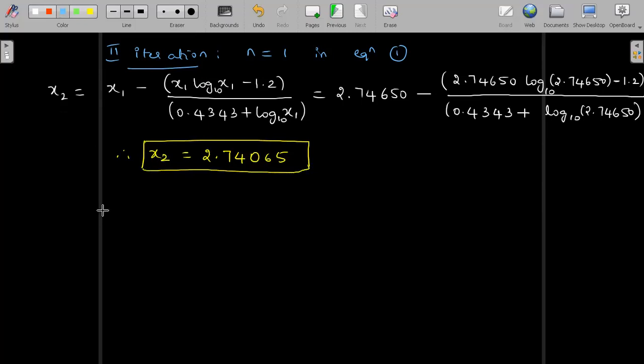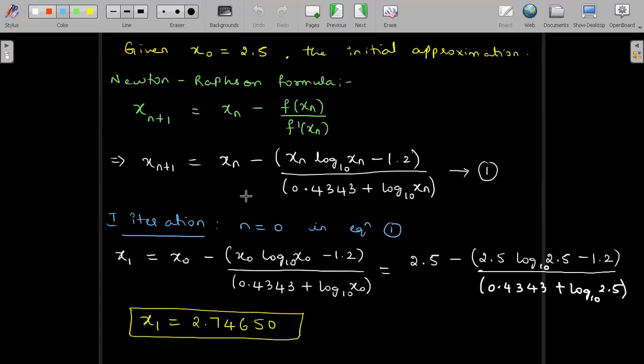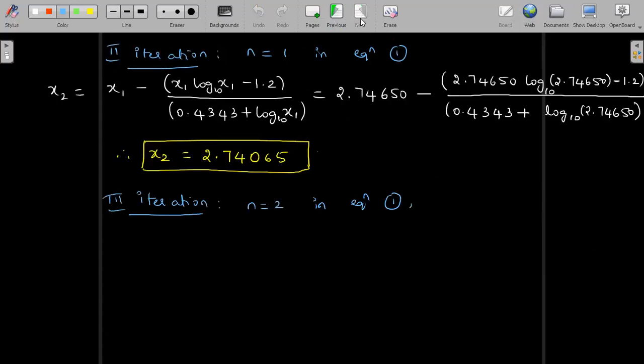In the same manner, we perform the third iteration, substituting n is equal to 2 in equation 1. Equation 1 is nothing but the formula with the substitution of f of x and f dash of x. So we are substituting successively the required answers. Answers obtained in the previous iteration, we substitute in the next iteration.